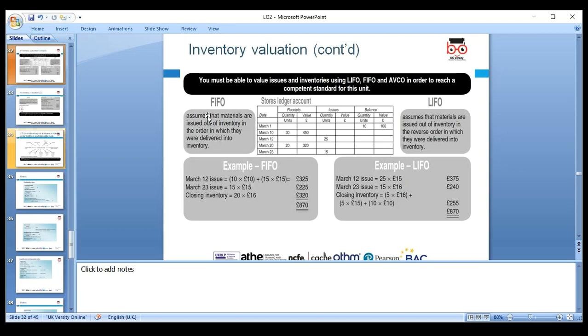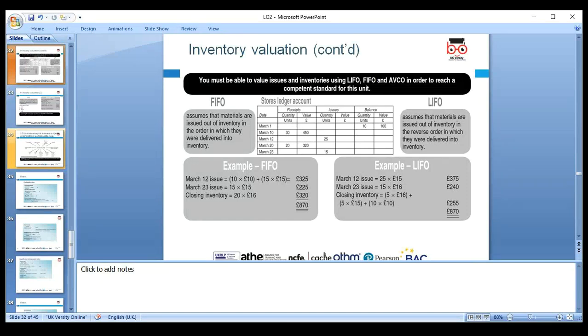If I need to issue 25 units, then 10 will go at this price, 10 pounds each. Then the remaining 15 will go at 15 pounds each, so 100 plus 225, so it's 325 worth of goods we issue. So it is always good to first look at how much total stock you have, and then you can subtract from the total stock the receipt.